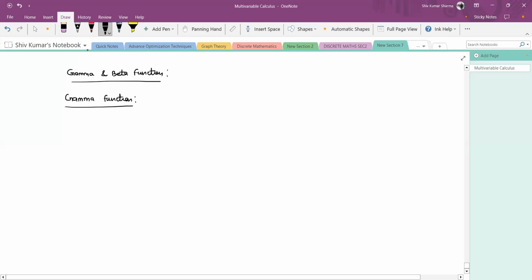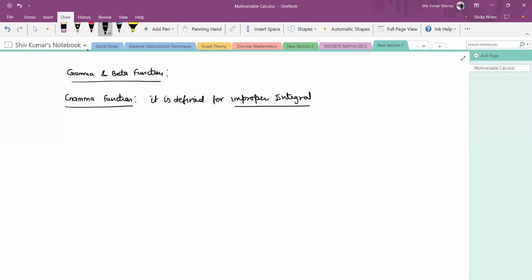Gamma function is basically defined for the improper integral. Improper integral means one whose limits are infinite or whose function is not continuous.